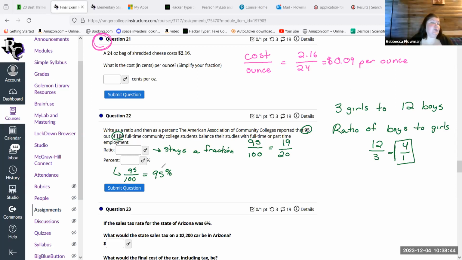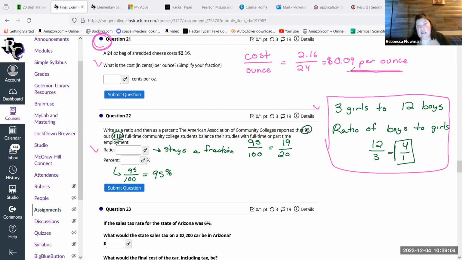We have one like 22 there, so I tried to make it easier. I have one of them that looks like this. I was hoping that would avoid some of the confusion. So you do have one where you're comparing to the whole, like this ratio does, and then this one was comparing to a part. And then I have one like this one. I put the units on there to make sure that you get the units right.